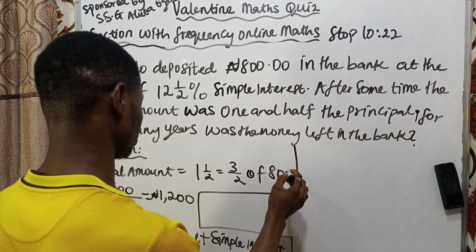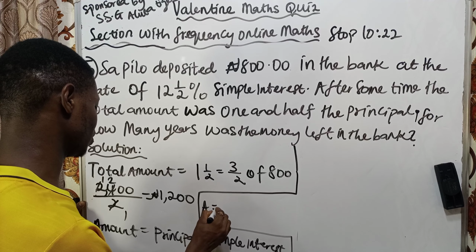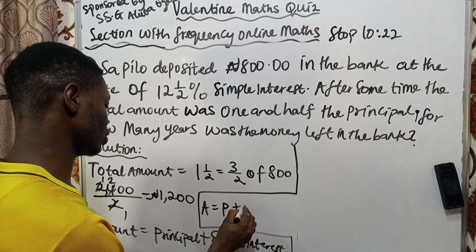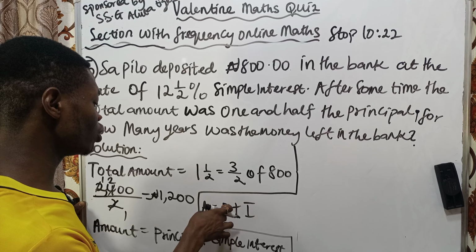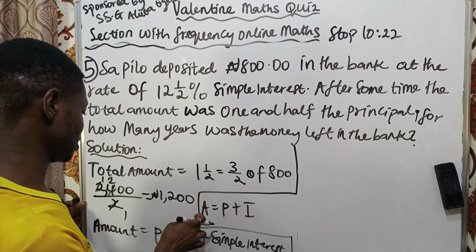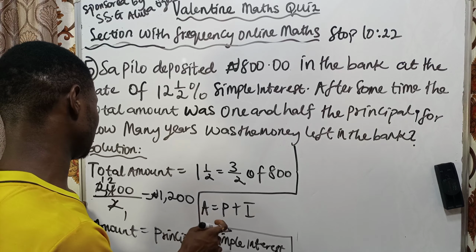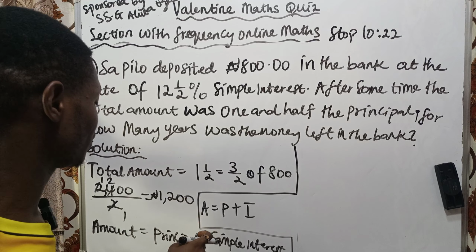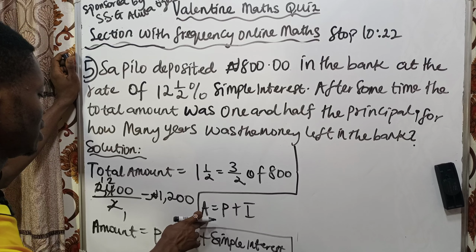Let me write it here: A equals P plus I. Do we know what P is? Yes. Do we know what A is? Yes, that's the total. What we are looking for is I.